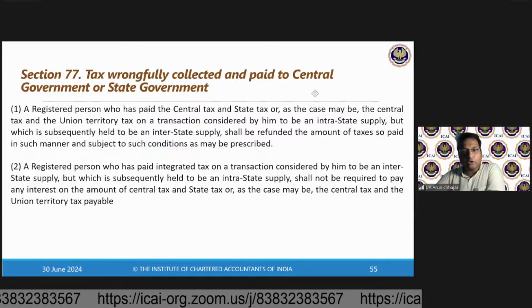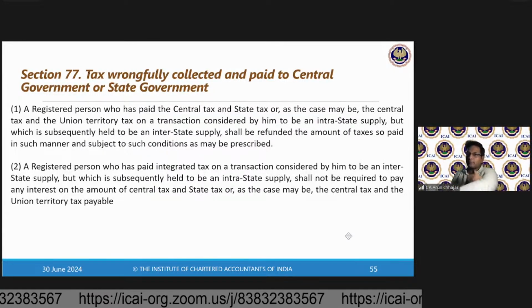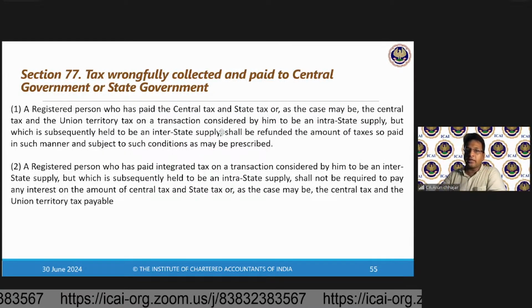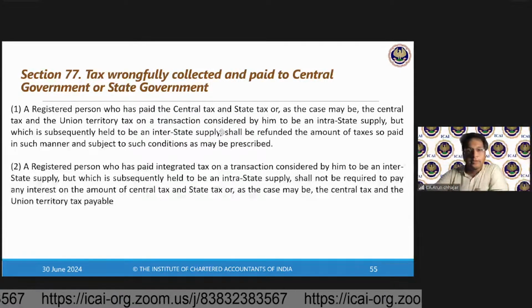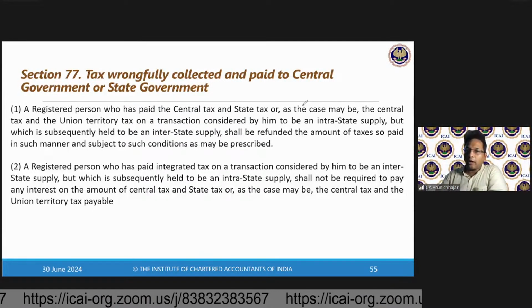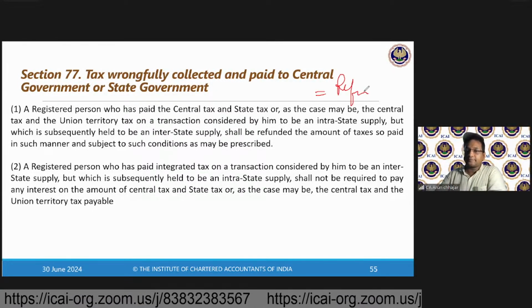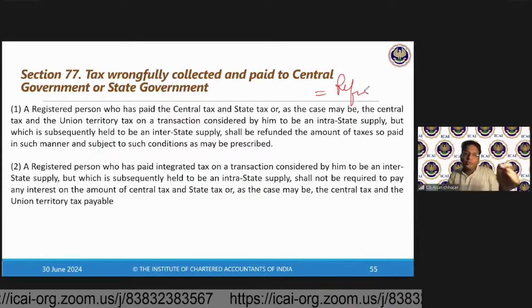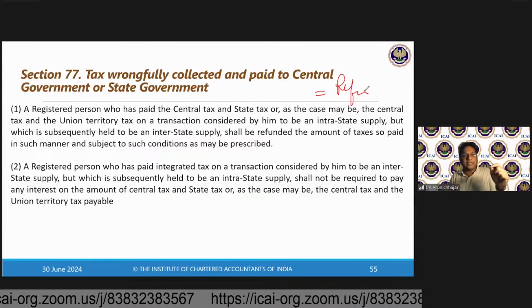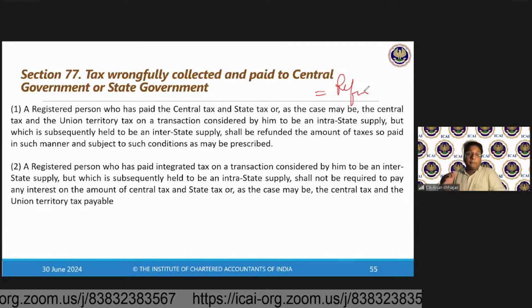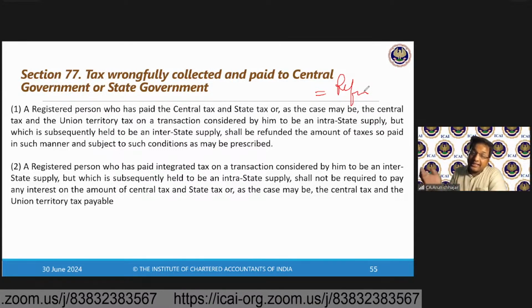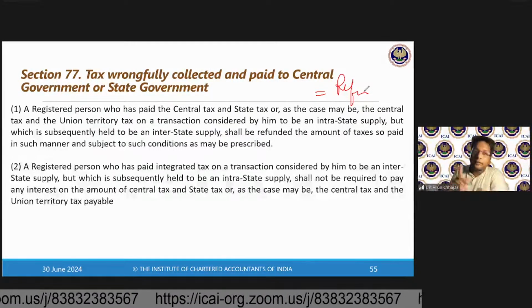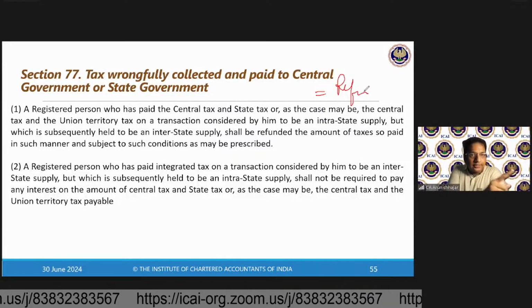Then Section 77, tax wrongly paid. So now this provision is also linked to the refund chapter. Try to understand how it is linked. Let's say I have given a supply to you, and according to me, it is an interstate supply and I have paid the IGST. But subsequently, it was held that the supply was intra-state. So I have paid the IGST.